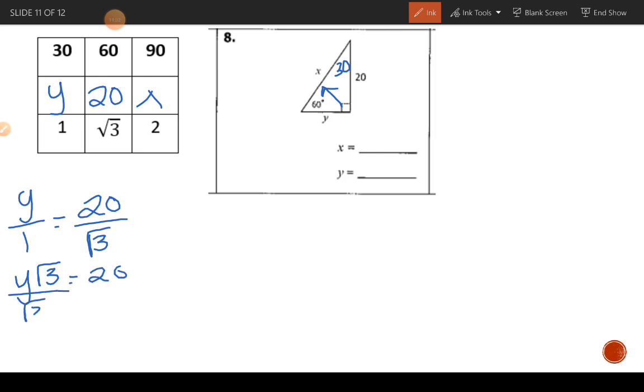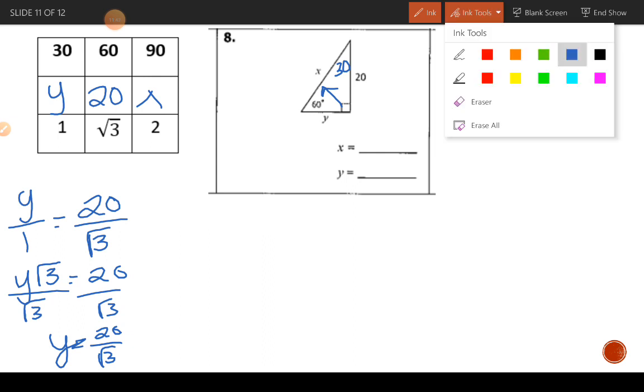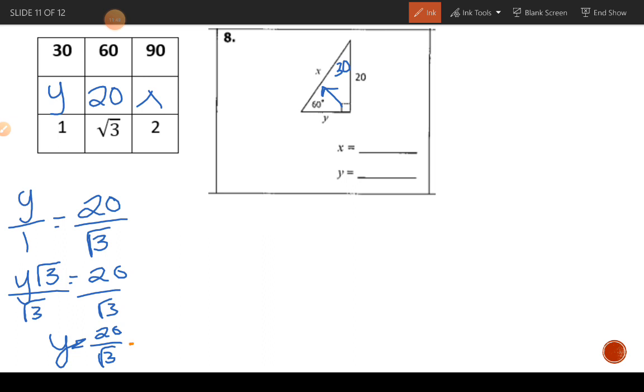Again, we divide by radical 3. I get y is equal to 20 over radical 3. Problem here. Can't have that radical in the denominator. So we're just going to rationalize real quick. Really easy to rationalize. So we get 20 radical 3 in the top.